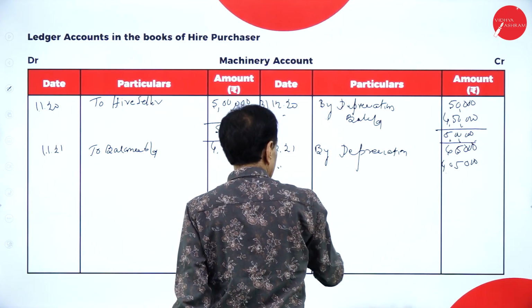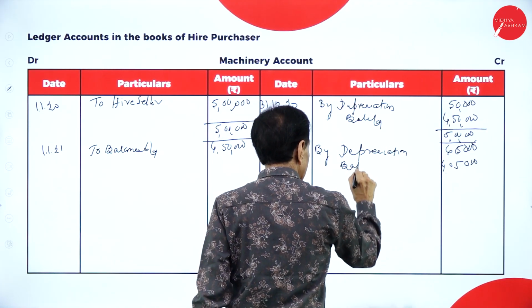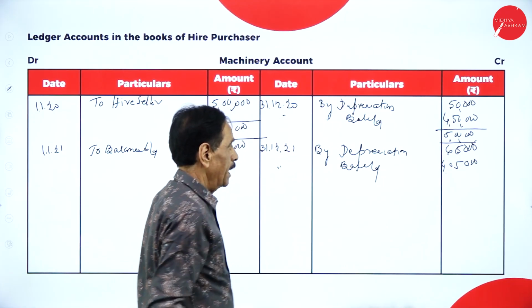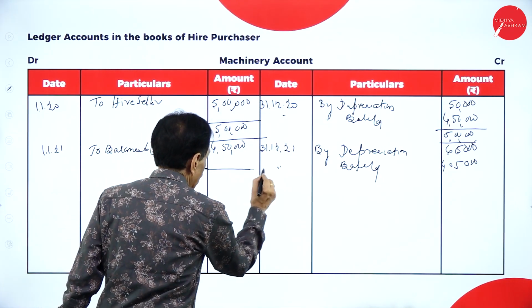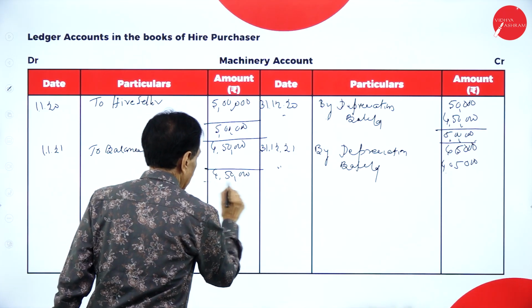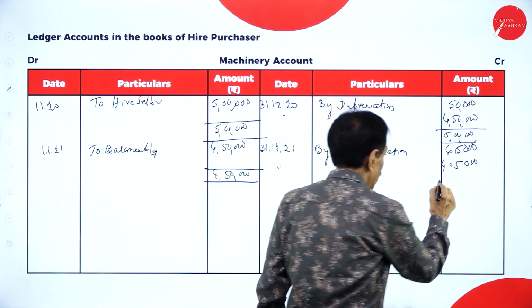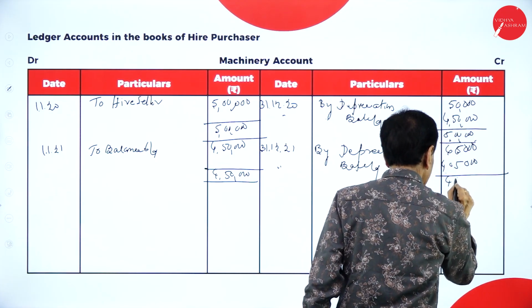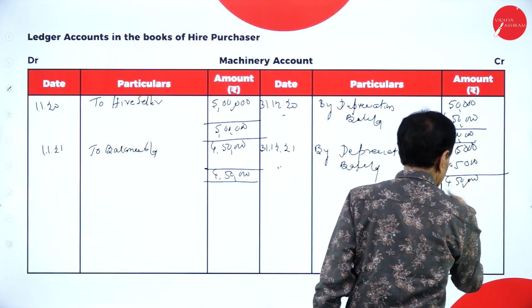Same date, balance carried down. 4,50,000.